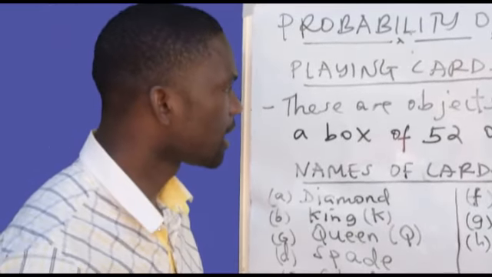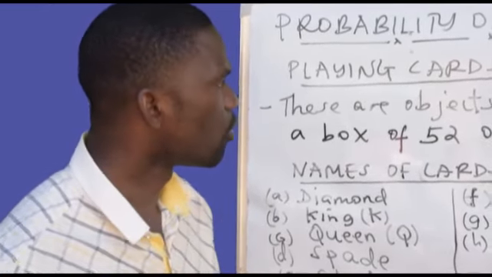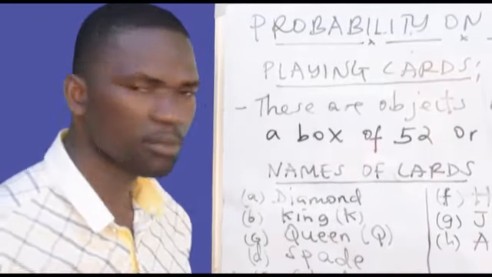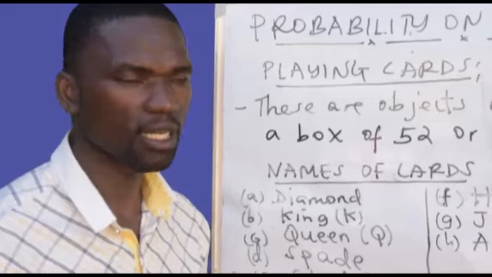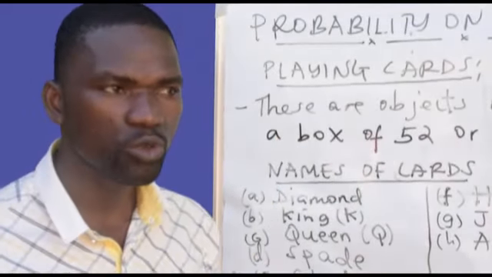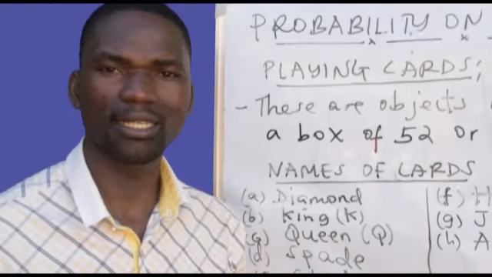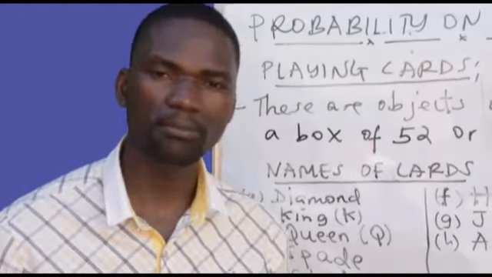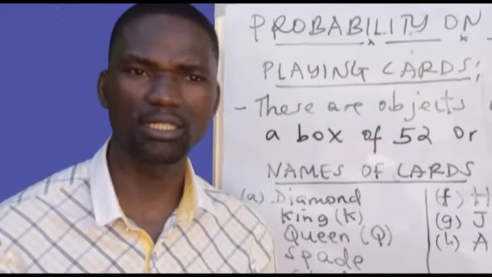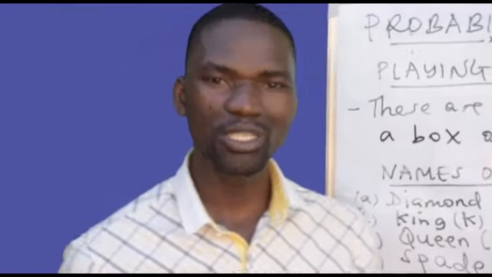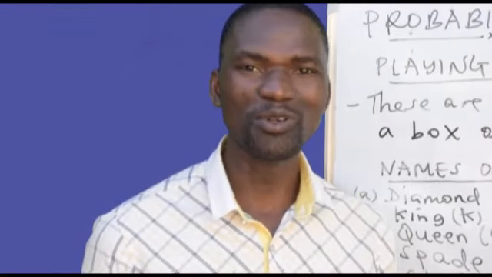We'll know later what these are, in terms of identifying one card after another. But playing cards are objects which are used as a game of playing. Some people are using these cards for fun, others are using these cards to do gambling.